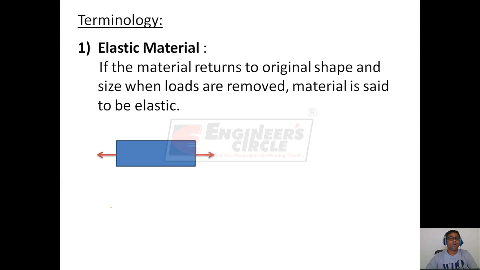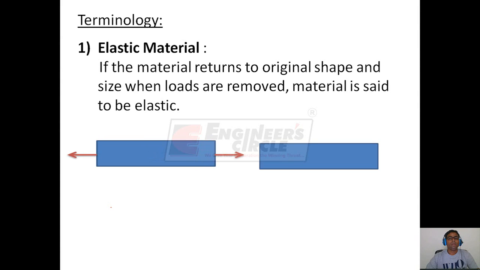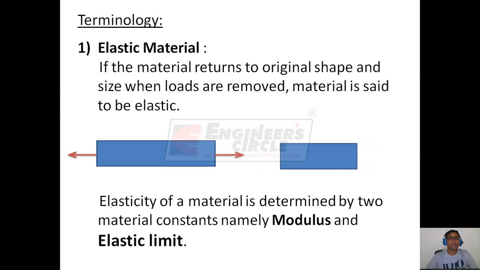Consider this body on which axial loads are applied, due to which this body will elongate in this manner. Upon removal of load from this body, if the body again regains its original shape and size like this, then we call this body an elastic body.